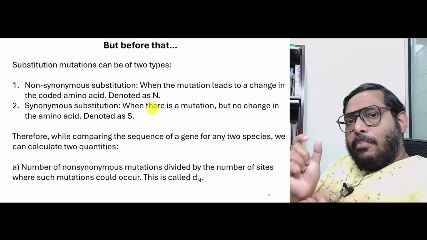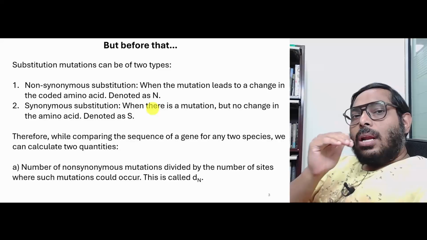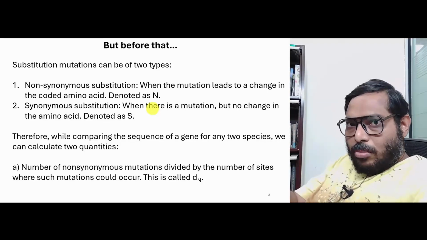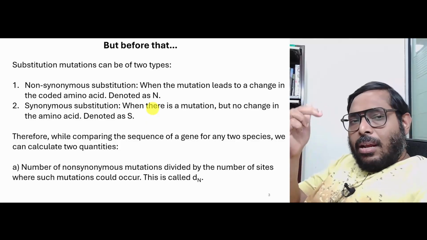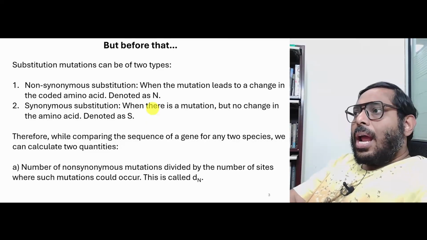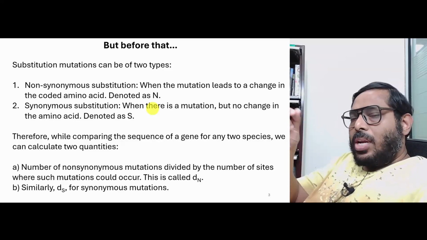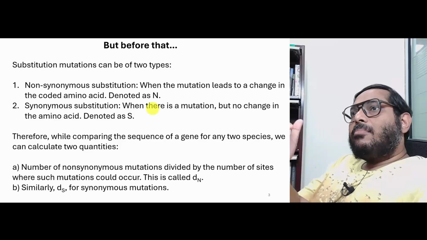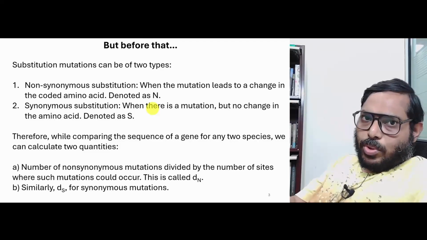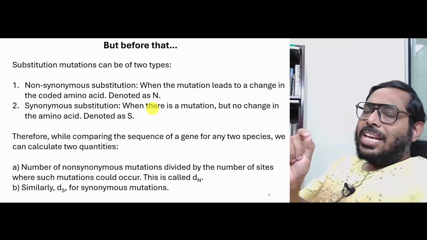When you take the number of non-synonymous mutations and divide them by the number of sites in that gene where a change would lead to a non-synonymous mutation, that scaled value is what is called dN. Similarly, you do the same thing for synonymous mutations: how many changes have actually happened, divided by how many changes in that gene would lead to synonymous mutations. That is known as dS.